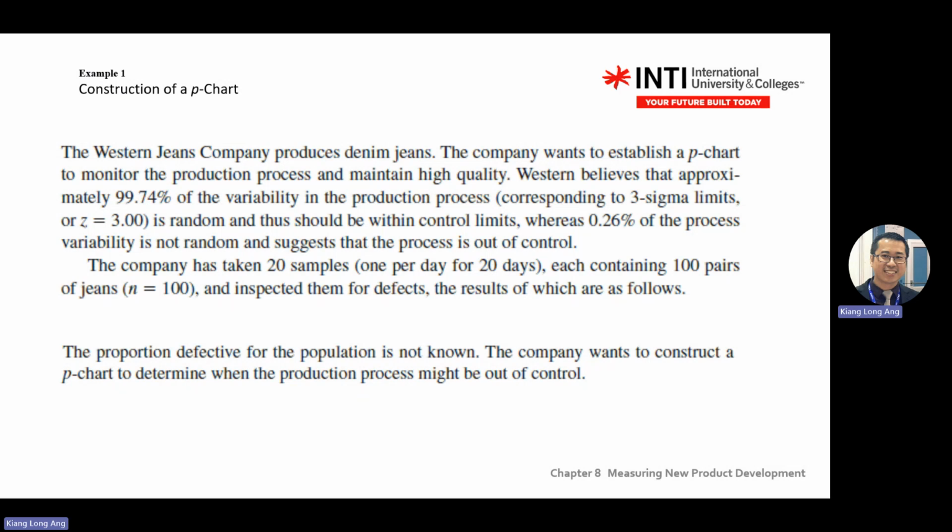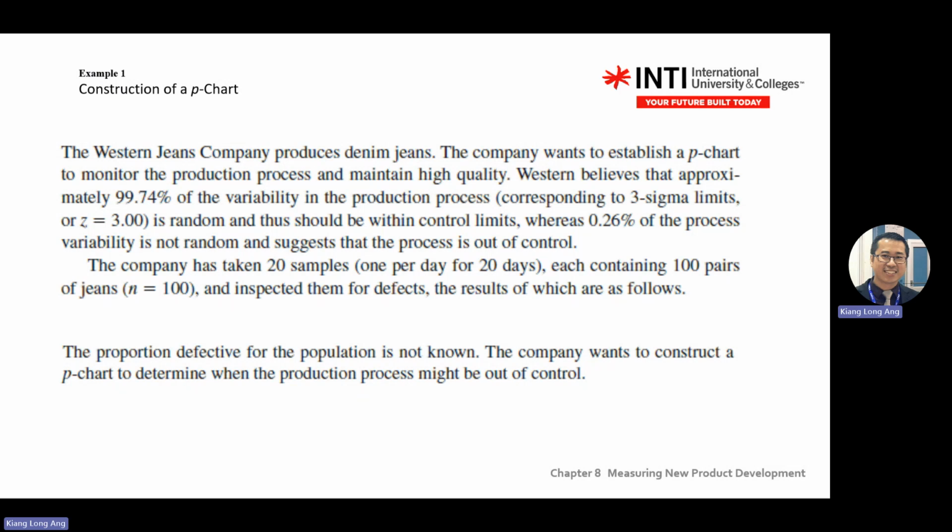The control limit leaves 0.26% of the process variable as non-random. So 99.74 plus 0.26 is 100%. Now what does this mean? This is a control chart. From here to here is negative 3 sigma to positive 3 sigma, which is 99.74%.